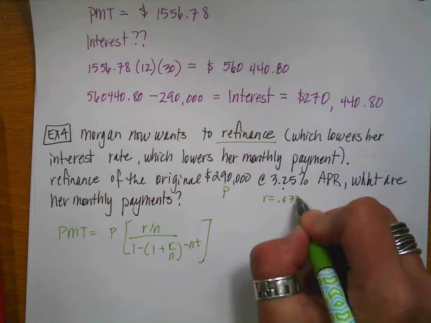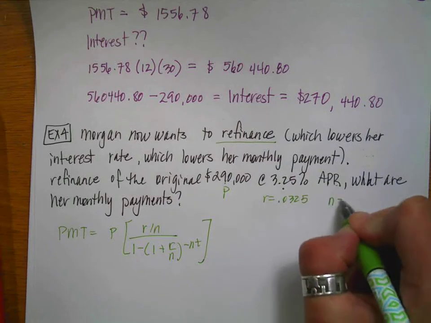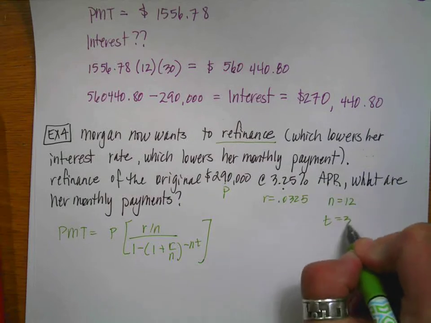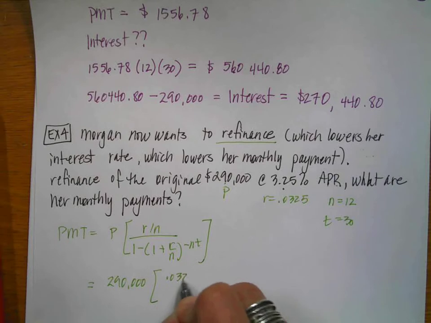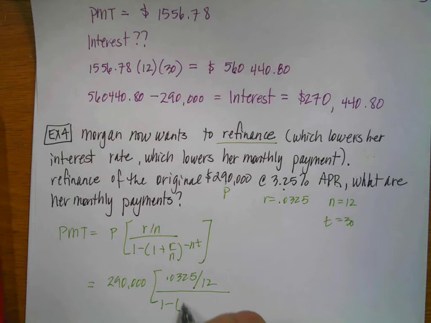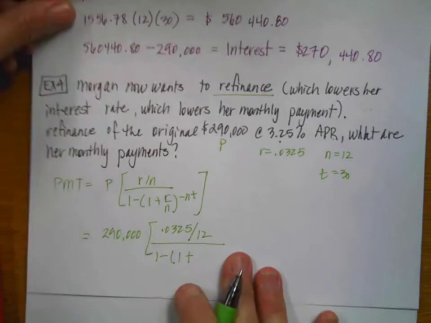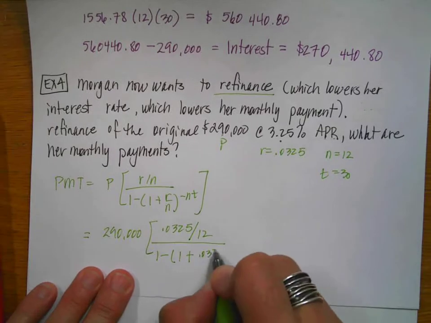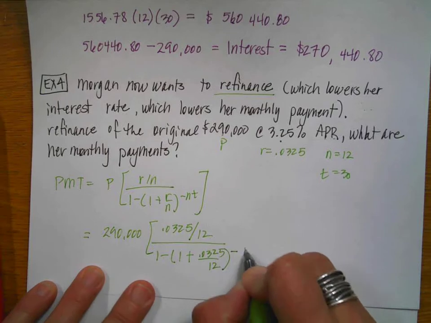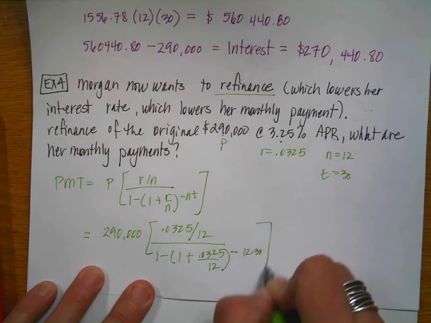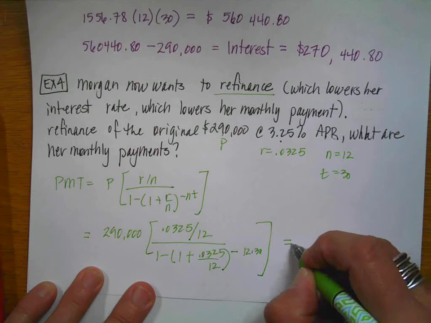So her principal is $290,000, her interest rate is 0.0325, her n is 12, and her time is 30. So if we substitute those values in, here's the 290,000, and then it's going to be the 0.0325 divided by 12 over 1 minus the 1 plus the 0.0325 divided by 12 raised to the negative 12 times 30.